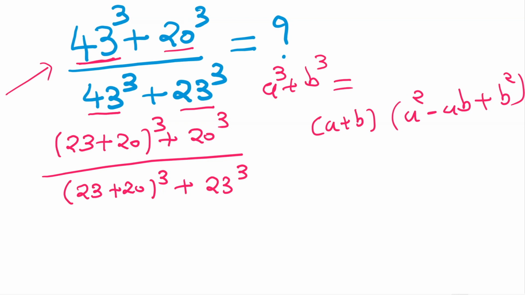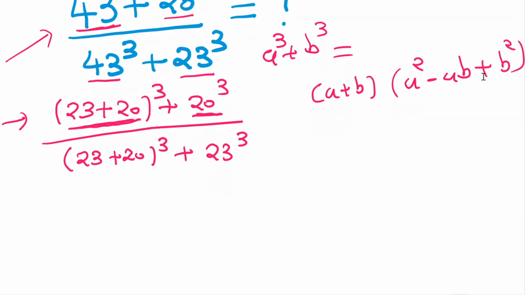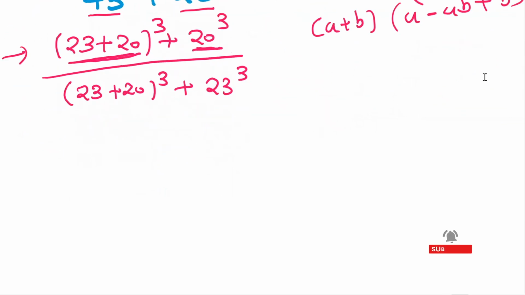If you look at the numerator, my a is the whole of 23 plus 20, and this 20 is my b. So we can see that as a cube plus b cube, with a cube and 20 cube. So I will be utilizing my principle of a cube plus b cube here.